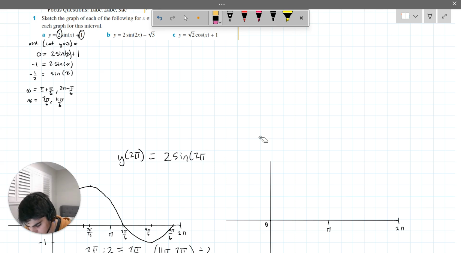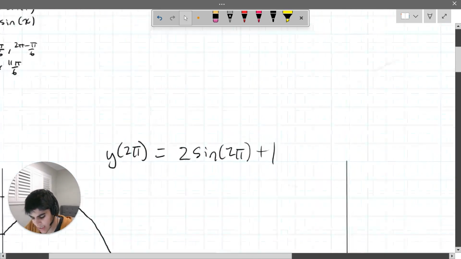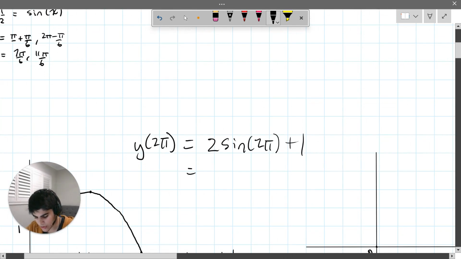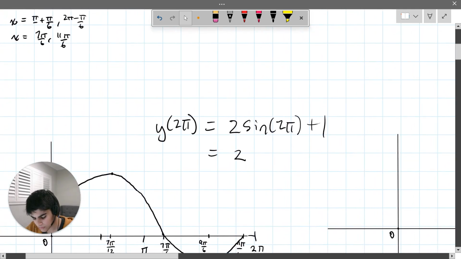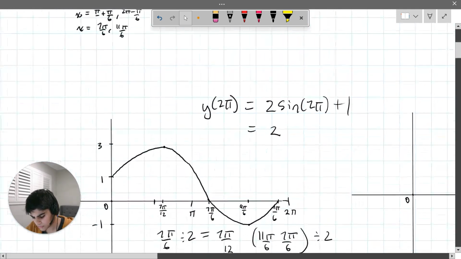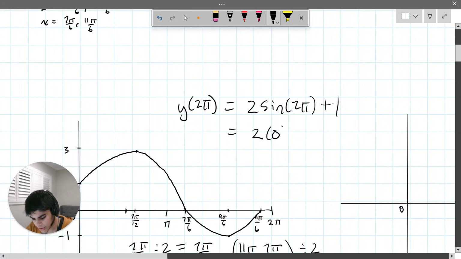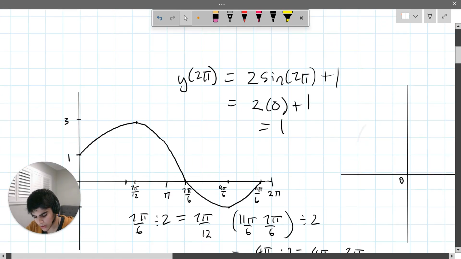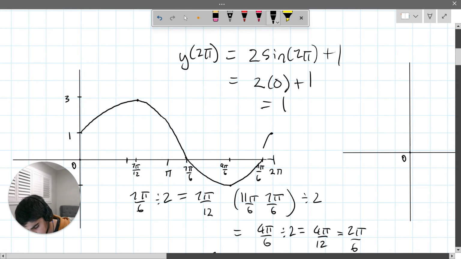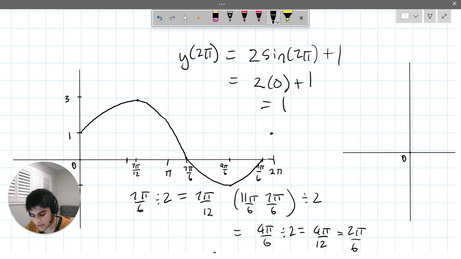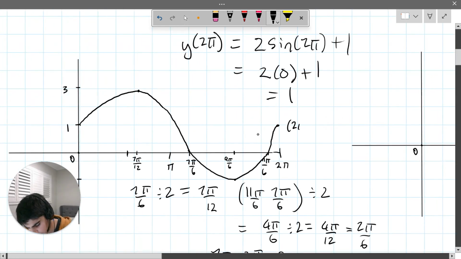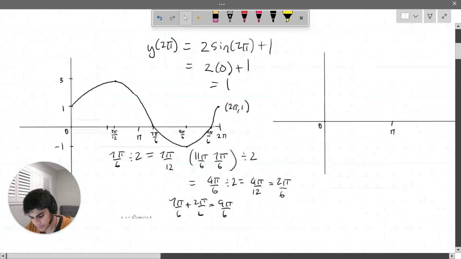At sine 2 pi, sine is 0, so this equals 2 times 0 plus 1. This equals 1, so our final point here is here. Let me draw this a bit neater. Okay, so this final point is 2 pi and 1.